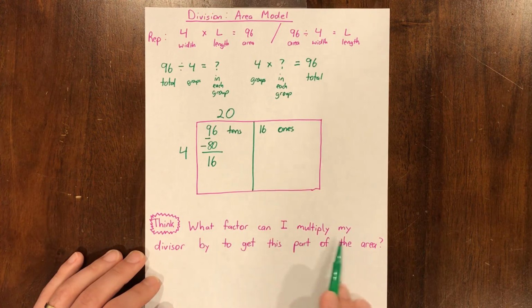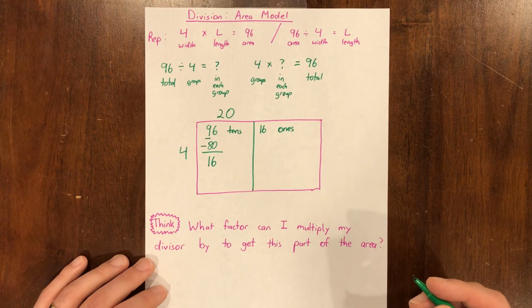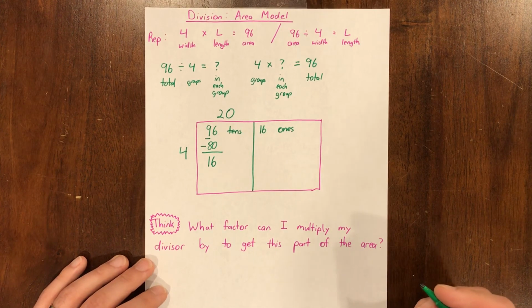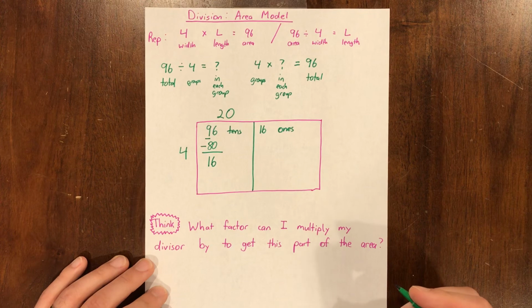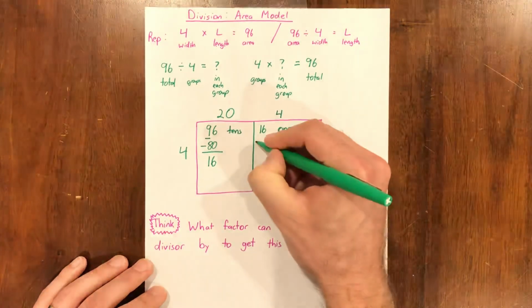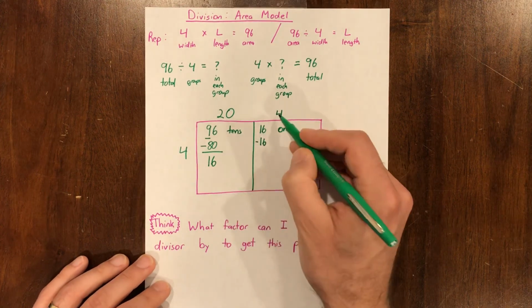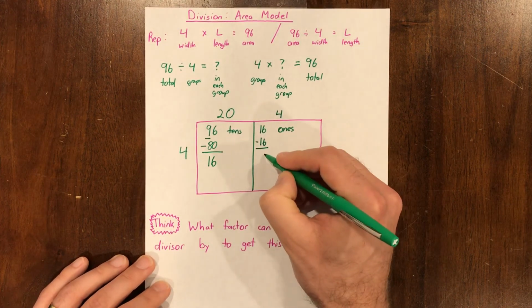I captured that thinking question right here to help us as we're working today. All right, so what could we multiply our divisor, which is 4, by, to get 16? Say it out loud. Yeah, 4. 4 times 4 is 16. So what do I do with that 4? Say it out loud. Right, I'm going to add it to my side length, and I'm going to take away 16 because 4 times 4 is 16. So those are gone.